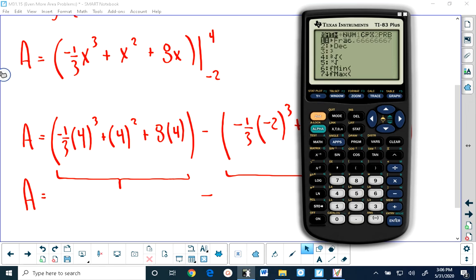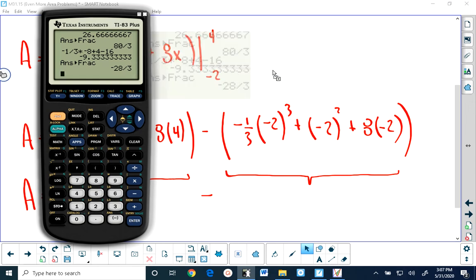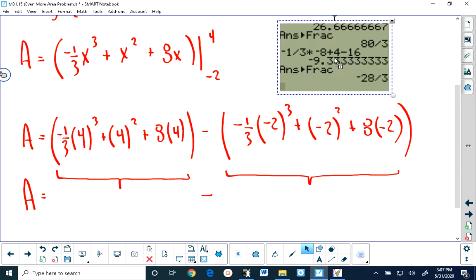The first part of our antiderivative calculation is 80/3. The second part, we have negative 1 divided by 3 multiplied by negative 8, because negative 2 cubed is negative 8, plus 4, because negative 2 squared is positive 4, minus 16. That gives us negative 28/3.